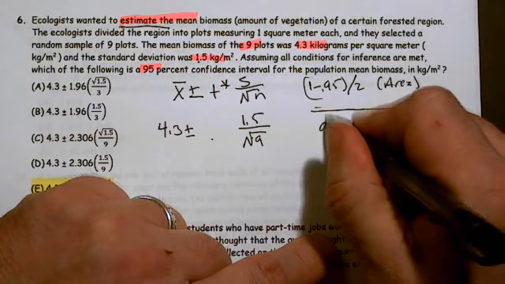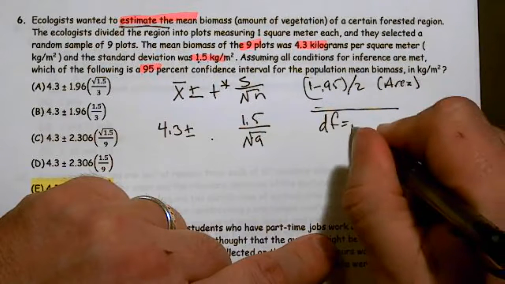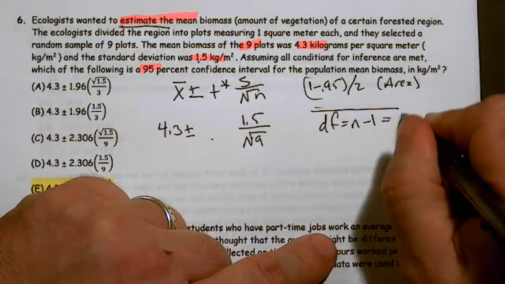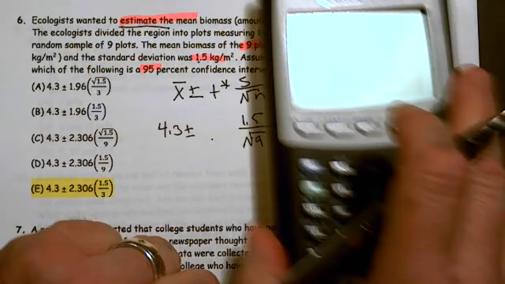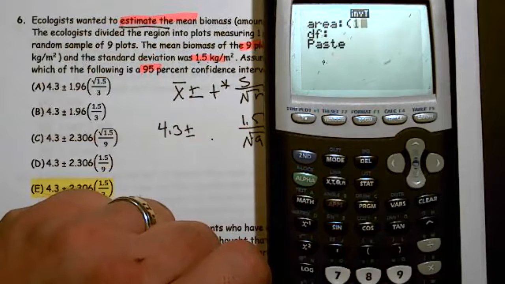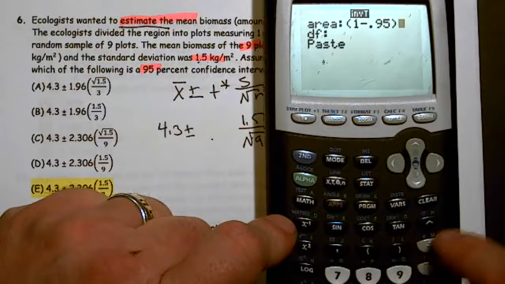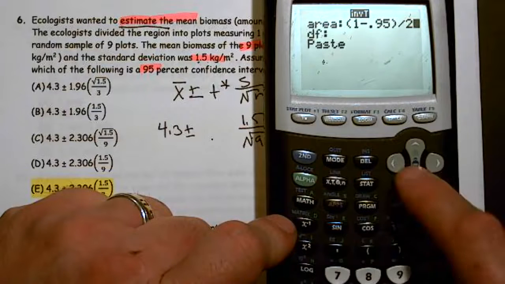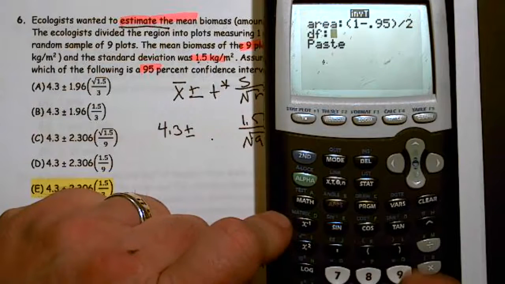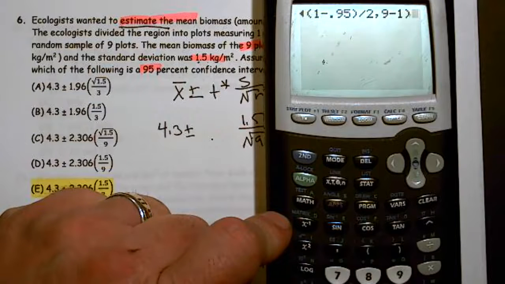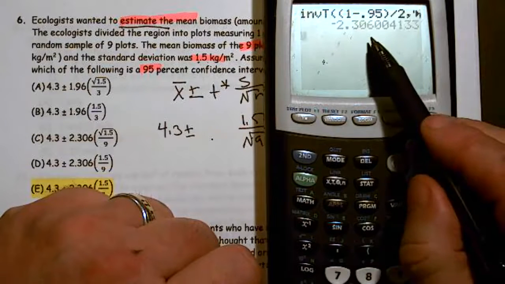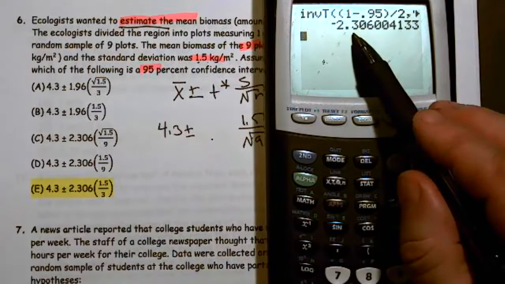And our degrees of freedom for one sample is n minus 1. So in this case, 9 minus 1. So parenthesis 1 minus 0.95, close parenthesis, divided by 2. Degrees of freedom was 9 plots minus the 1. And we get a t star of 2.306.